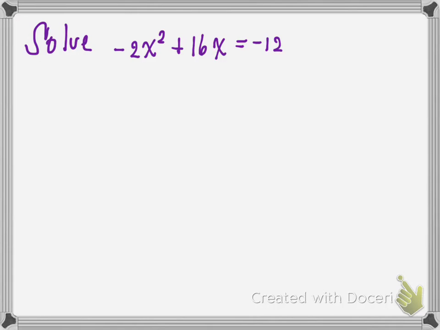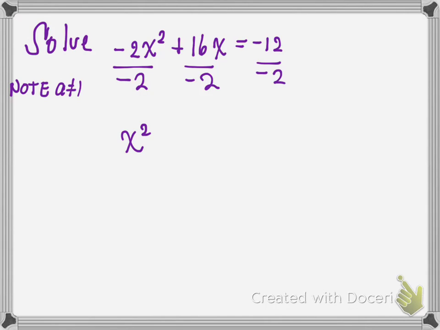Note a does not equal 1. So in order to fix this, I need to divide the entire equation by a so that it becomes 1. In other words, I'm going to divide each term by negative 2. This is going to give me x squared minus 8x equals 6.